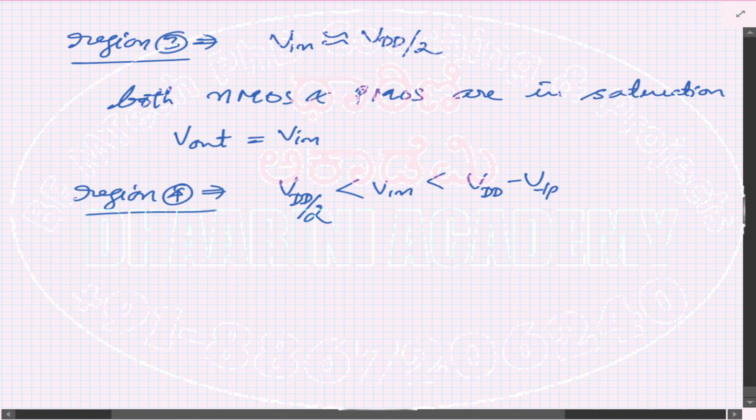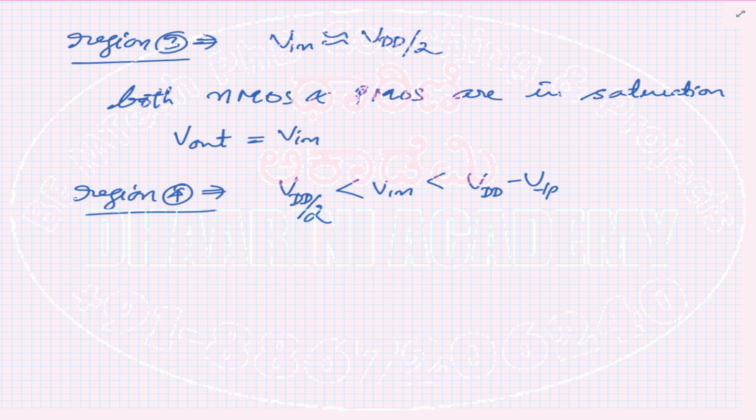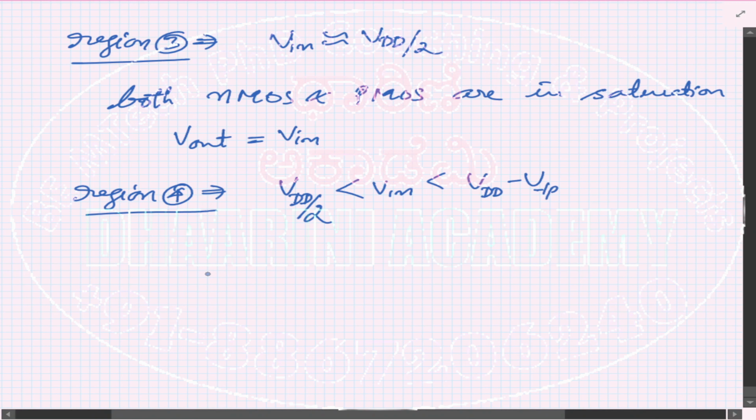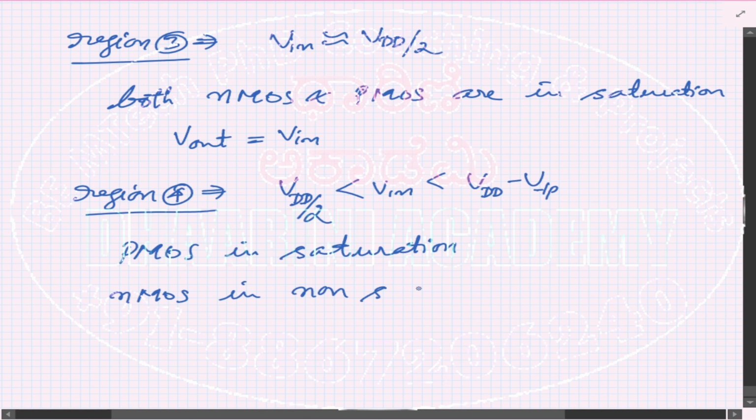Now you see that PMOS is in saturation, NMOS is in non-saturation. In the sense, NMOS enters into the linear region.